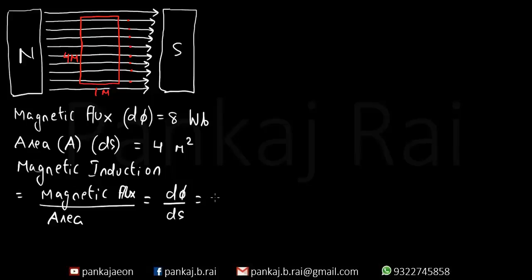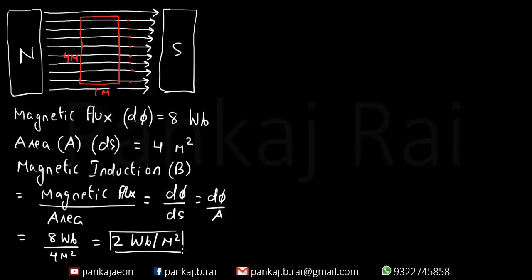It can also be written as d phi by A, doesn't matter. And magnetic induction is represented by the letter B. In this case, magnetic induction is magnetic flux upon area. The magnetic flux is 8 Weber and the area of the coil is 4 meter square. So magnetic induction is 2 Weber per meter square. That is the meaning of magnetic induction, which is the magnetic flux per unit area.